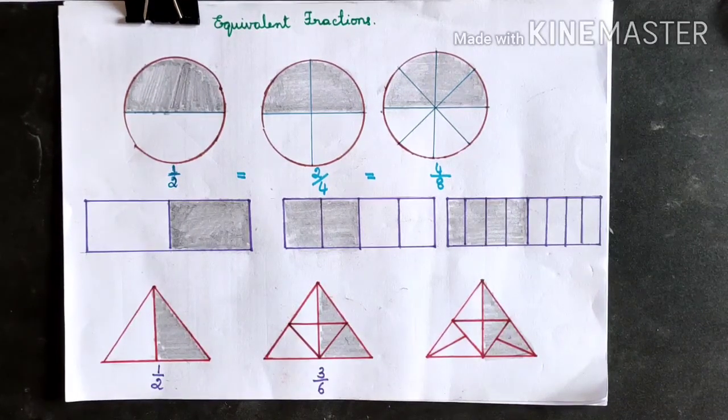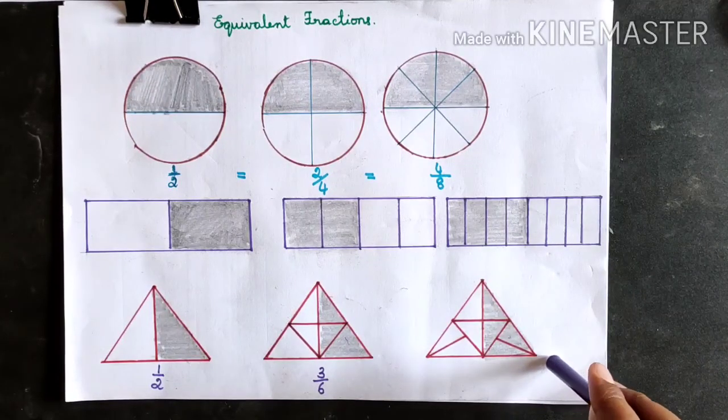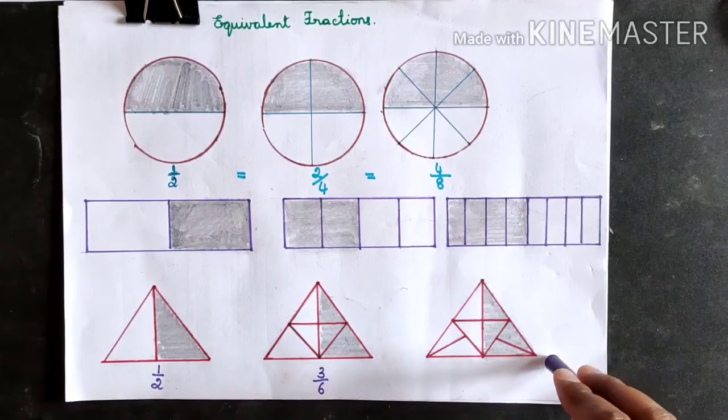Counting the triangles in the last figure, we get 8 triangles, out of which 4 are shaded. The fraction becomes 4/8.